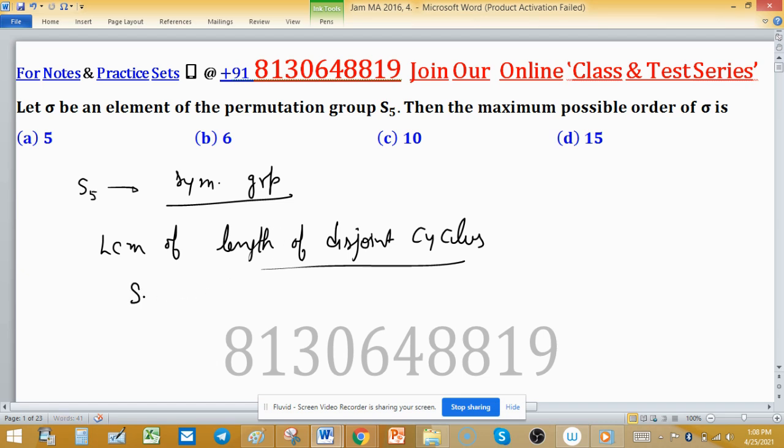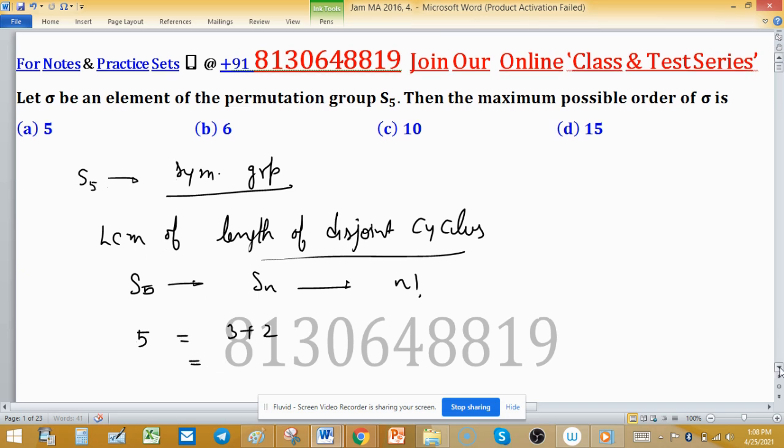So this is S5, and normally the order of Sn is n factorial. But here we are not asked about the order of S5 or Sn, but about the order of an element. So we take partitions of 5, such as 3 plus 2.